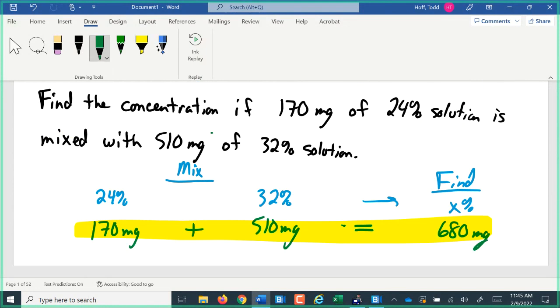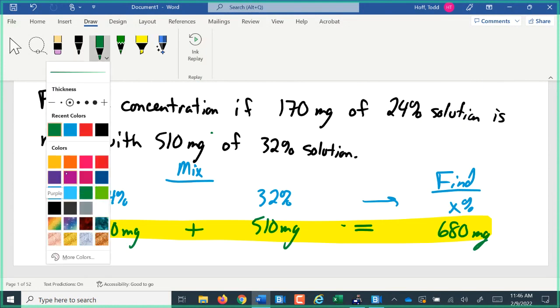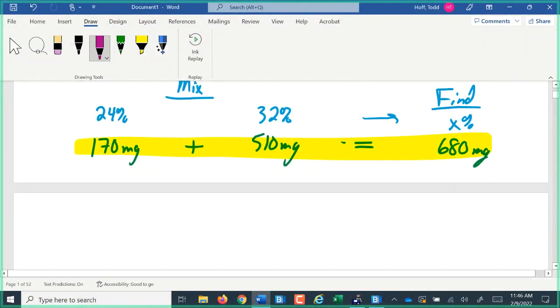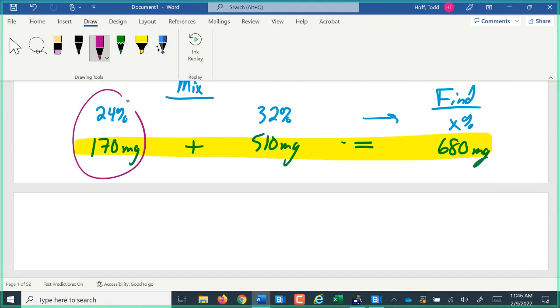Second thing that has to remain constant, or be conserved, as we say, is the amount of the solute. Well, remember, the amount of solute is the concentration times the total amount. So the solute from the first one, the 24%, is 0.24, that's 24% as a rate, times the amount of 170 milligrams. I add that then to the second solute, which was the 32%.